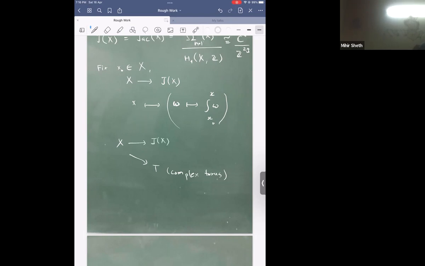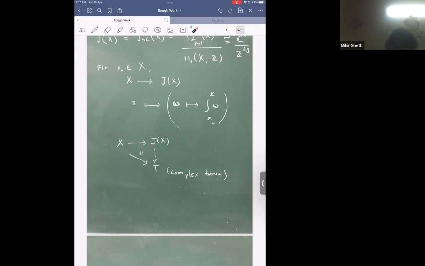That means there exists a map from J_X to that complex torus such that this diagram commutes. So constructing the quotients of this thing is the same as having a map from X to complex tori, basically.